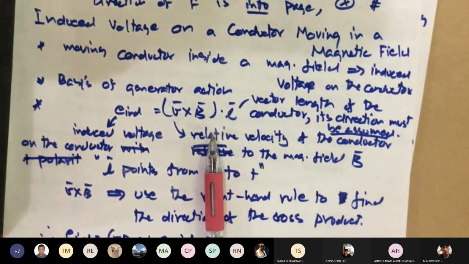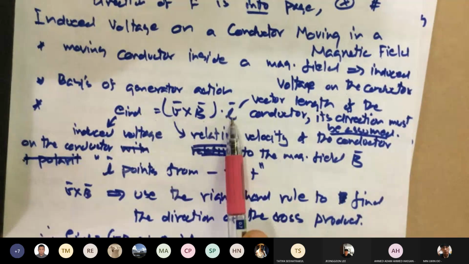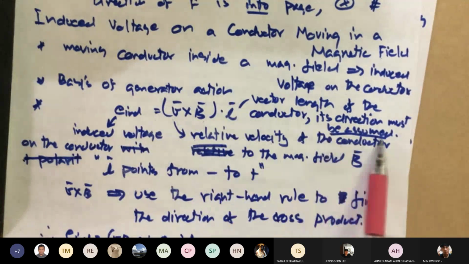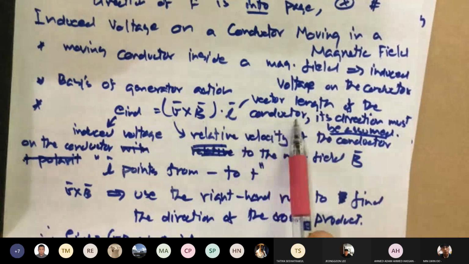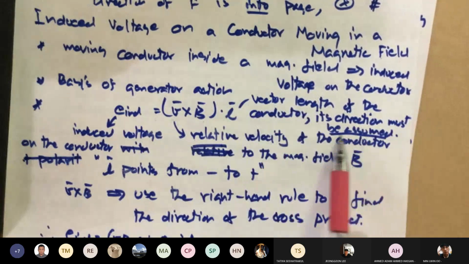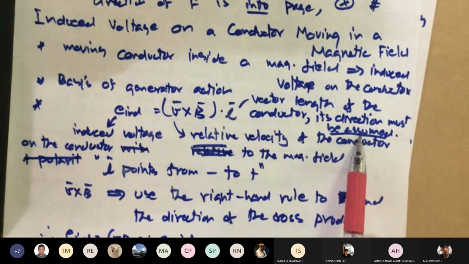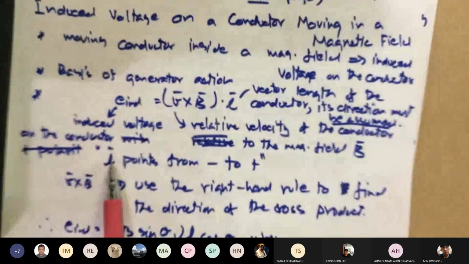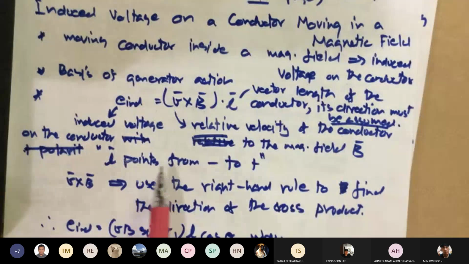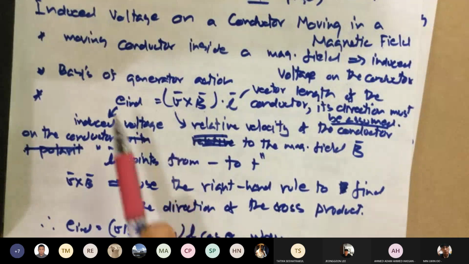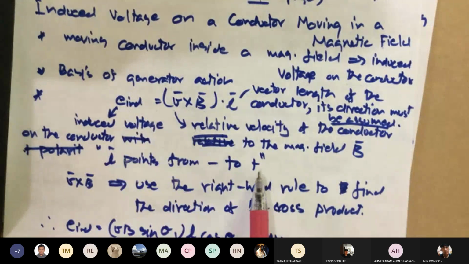It doesn't supply any current. So we must assume L. I underline here: the length of the conductor, its direction must be assumed. The rule for that assumption is that vector L points from the negative polarity of the induced voltage to the positive.